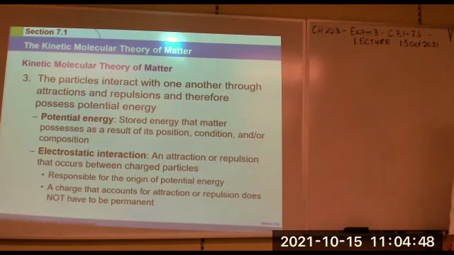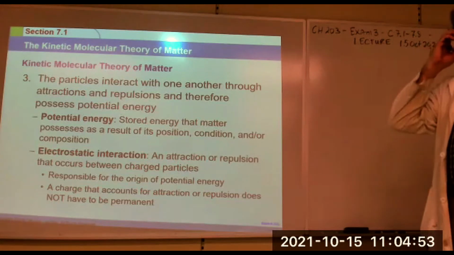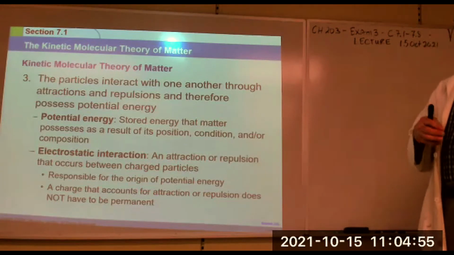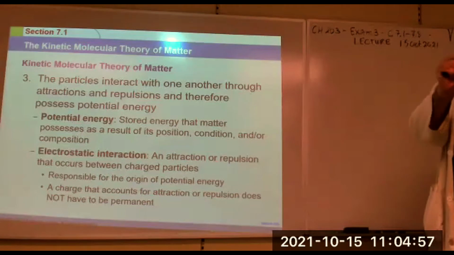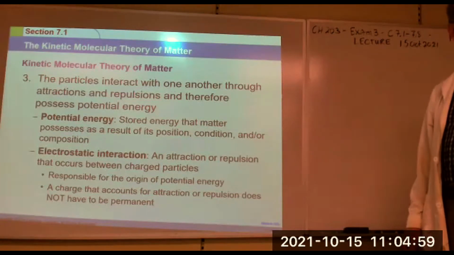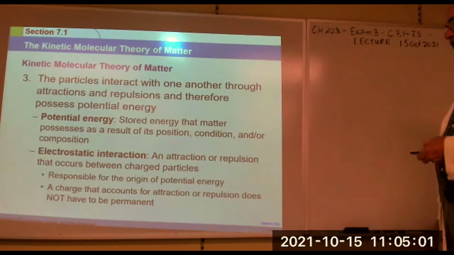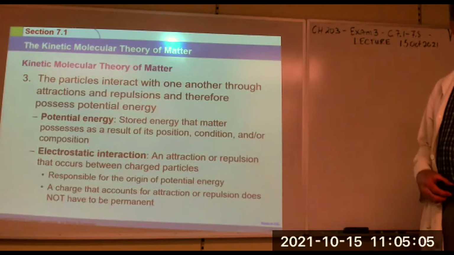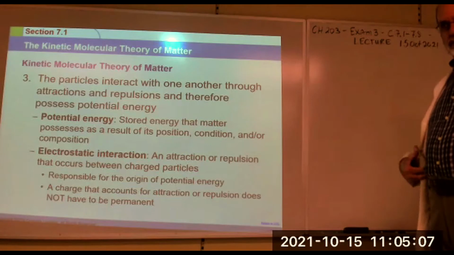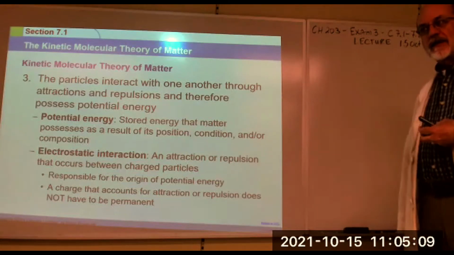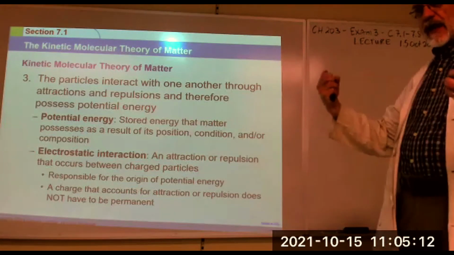But the easiest way to study it is with completely charged particles, like sodium and chloride ions in a cube of table salt. There's a strong electrostatic attraction there, and that's stored energy. Actually, you store energy if you break those electrostatic bonds.